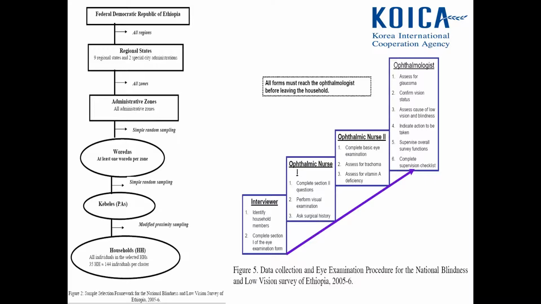But usually there are few or no such nurses there, so KOICA and Vision Care sent nurses or optometrists through the program. At administrative zones or nine regional states, patients can then meet ophthalmologists.